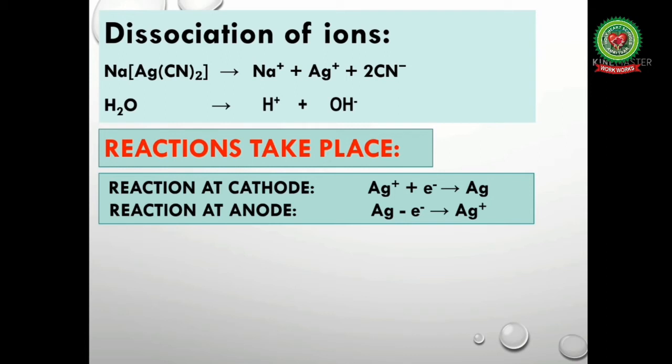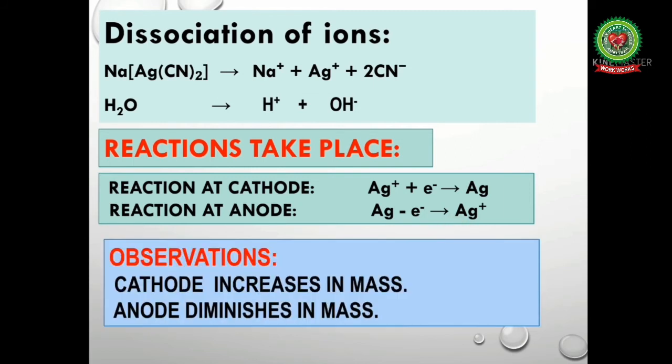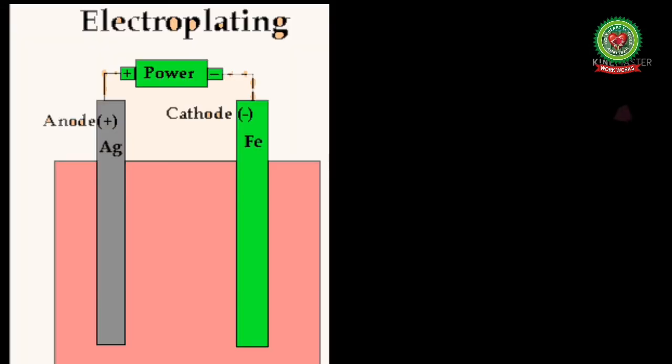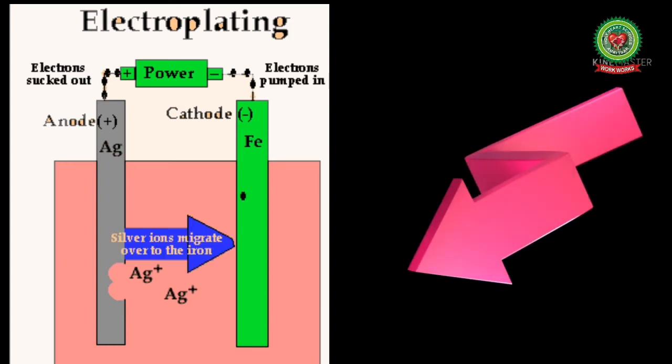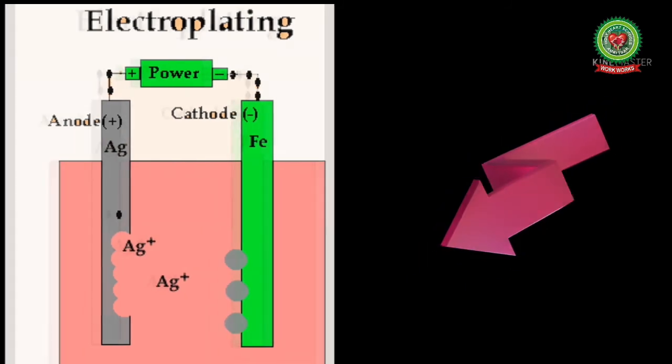Here they gain electrons and become atoms of silver which deposit on the spoon as a firm coating. So the reaction at anode is silver on losing an electron becomes silver ions. The observations during this process are: the cathode, the brass spoon, increases in mass, whereas the anode, pure silver metal, diminishes in mass.